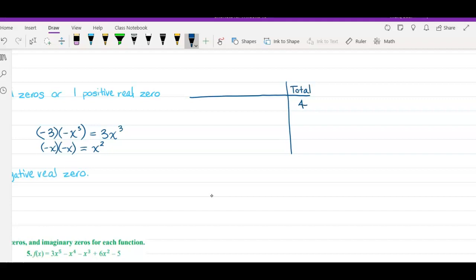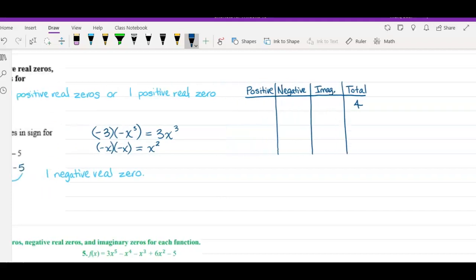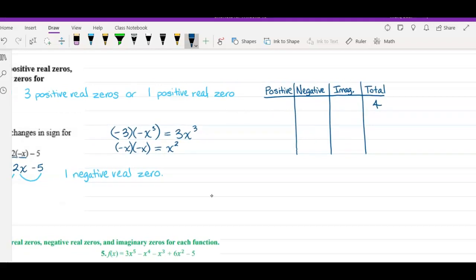The total needs to be 4. Then I'm going to put positive. Then I'm going to have a column for negative. And finally, a column for imaginary. All right, think back to our combinations. We could have had 3 positive.